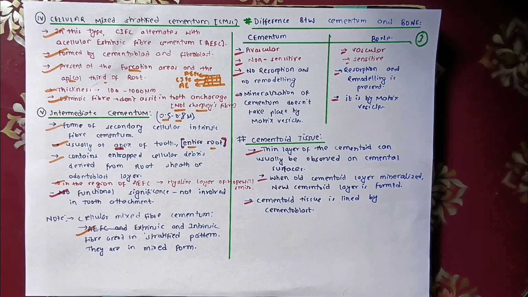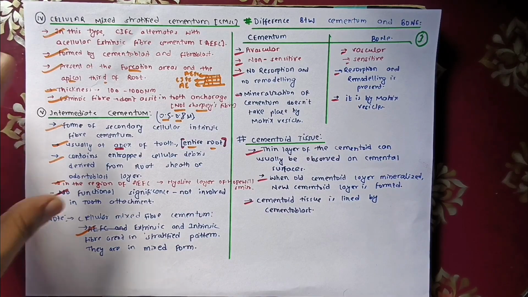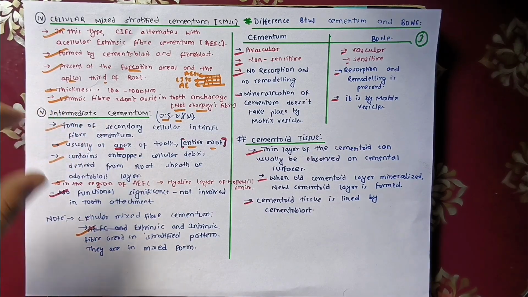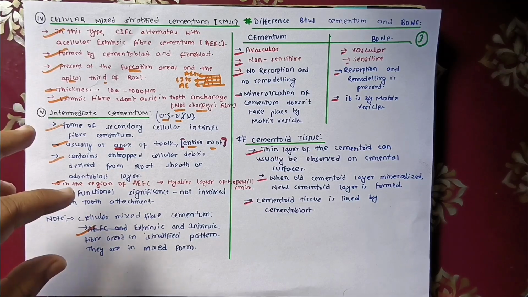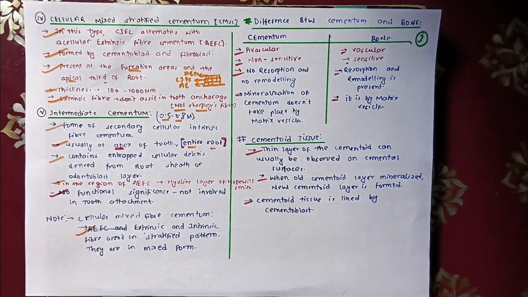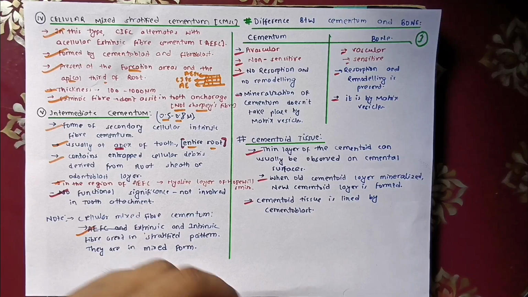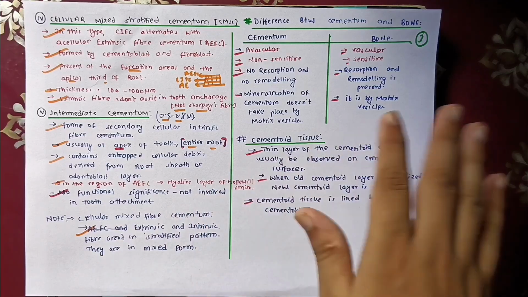You should also clear all your concepts: what is cellular, what is acellular, what is extrinsic fiber, what is intrinsic fiber, and from where it is derived. After knowing the foundation, you will be a master of Schroeder's classification. The names are enough to know about that cementum. For example, cellular mixed stratified cementum, CMSC: cellular means cells are present, mixed means both extrinsic and intrinsic fibers are present, stratified means in strata.